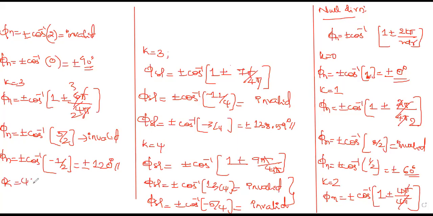Go for k is equal to 4, which is phi null is equal to plus or minus cos inverse of 1 plus or minus, again 4 2s are 8, 8 pi by 4 pi. So you get one value as cos inverse of 3, which is again invalid. Check for the other one.